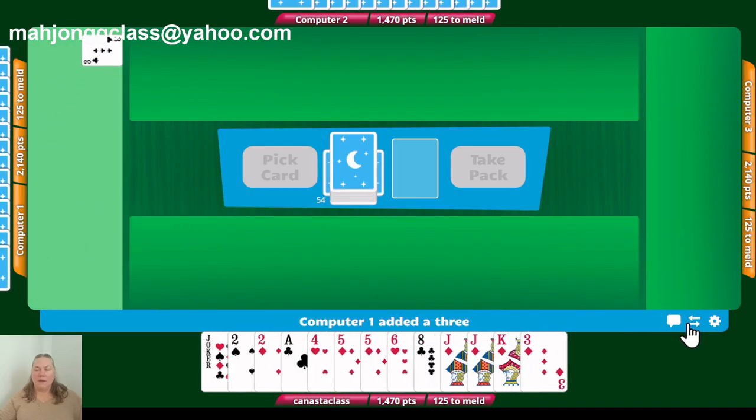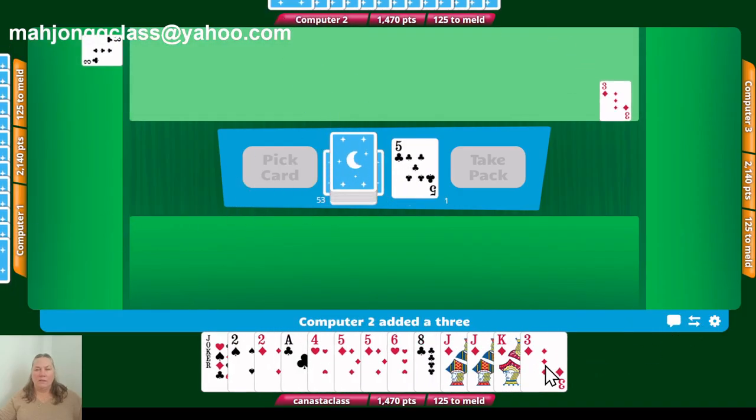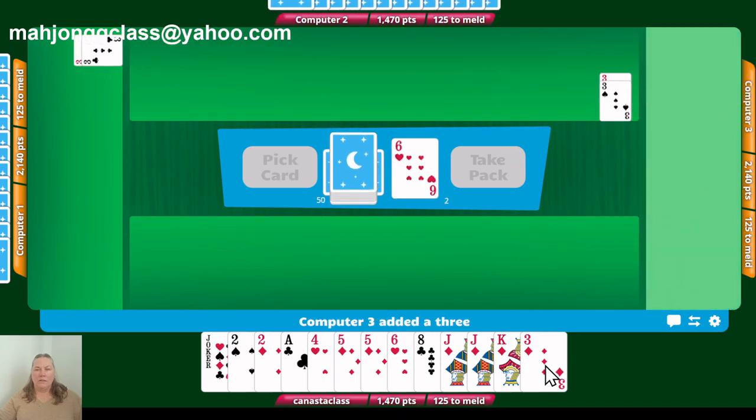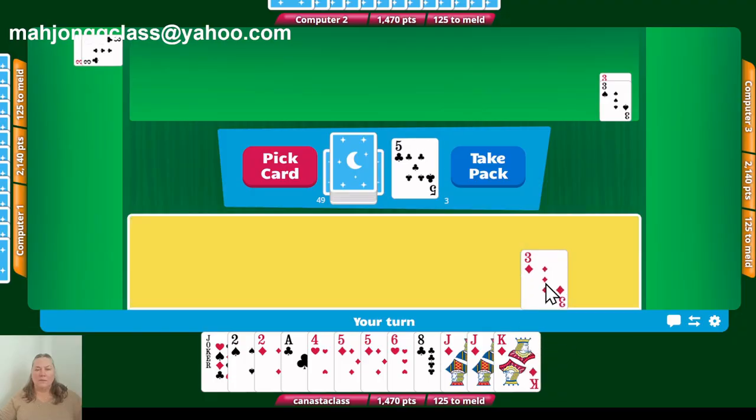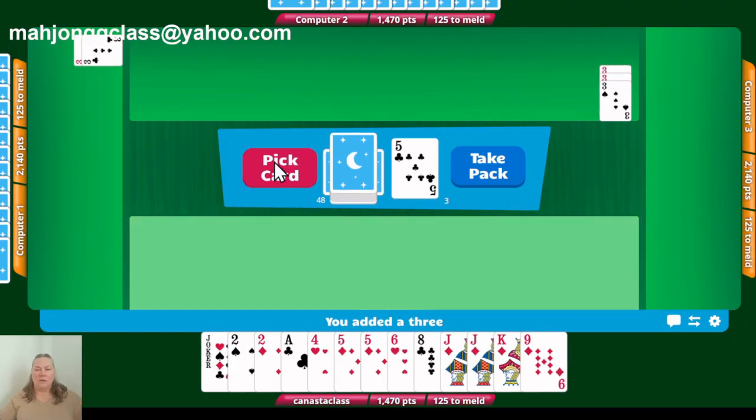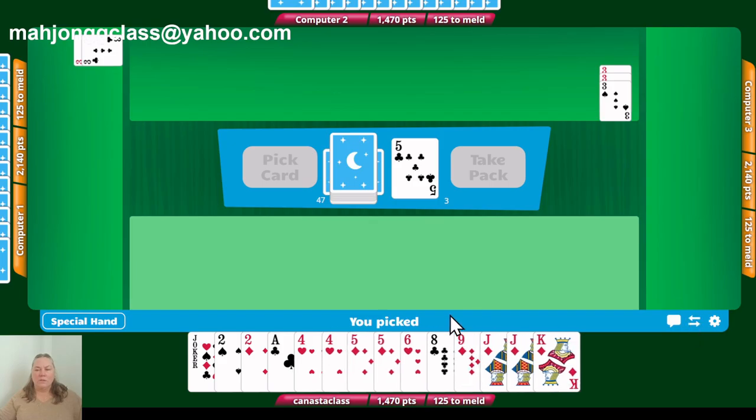Sort the cards by rank. Put out your 3s on your turn. Take a new one. Take a card for your turn. Sort your cards. Look to see if you have the beginnings of a special hand. We have a lot of wilds, so not at this time.